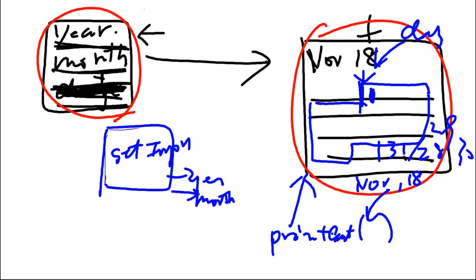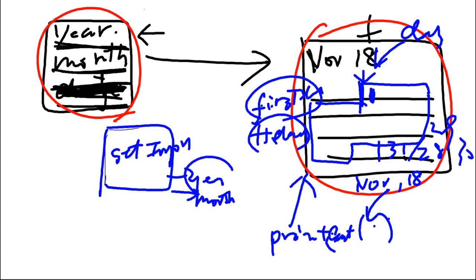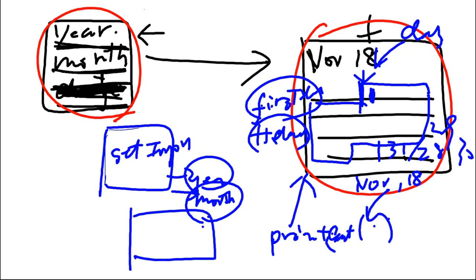So here I need some information about the first day. And I also need to have the number of days based on the year and months, right? That's two things. So based on the year and months, I need to design a program that gives me the first day state. And also I need to know the number of days in the month based on the input that I have.